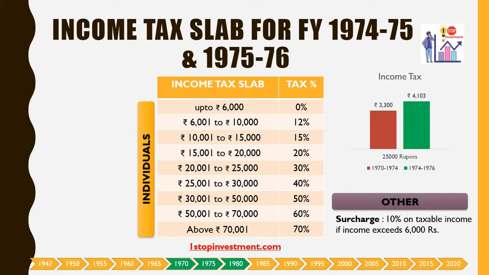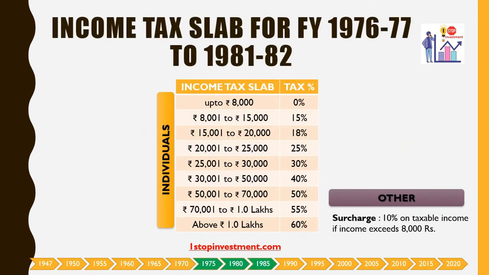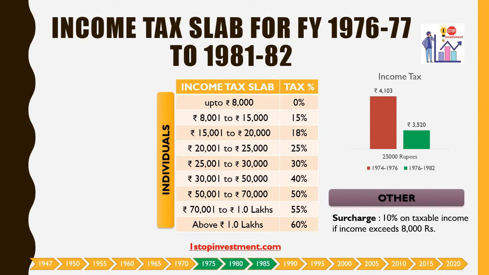For the next financial year 1976, zero tax slab was increased from 6,000 to 8,000 rupees and tax rates were also decreased. For a total income of 25,000 rupees, a person had to pay 3,520 rupees as tax, which is 14% lesser than the previous tax slabs. This continued for the next 6 years up to 1982.